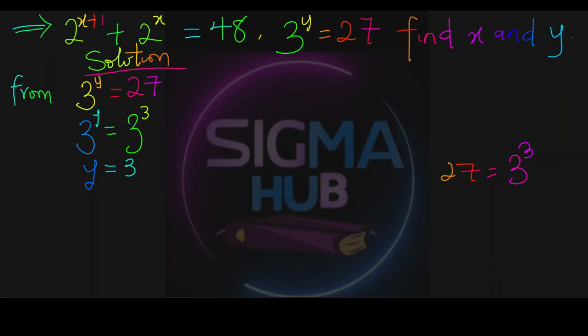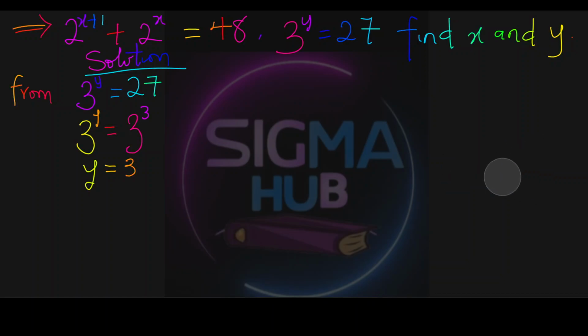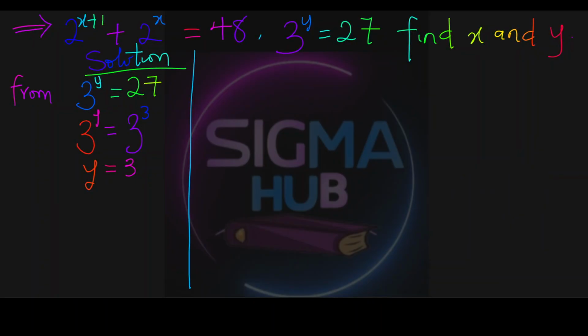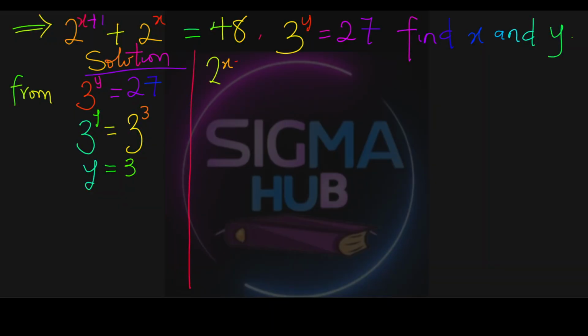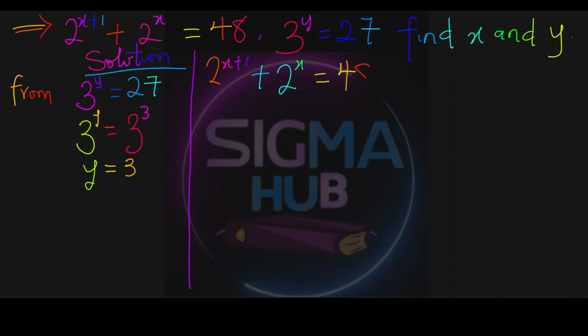So let us use the first equation now to get the value of x. And that is where we need to put more consideration. Now, we have 2 raised to the power of x plus 1 plus 2 raised to the power of x equal to 48.